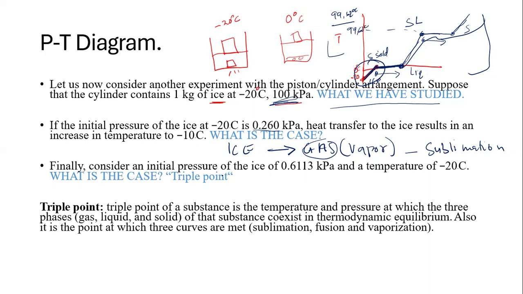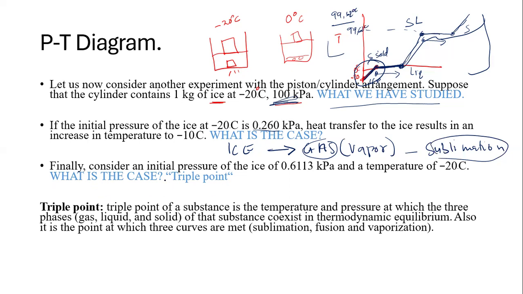We're going to have what we call the superheated vapor. So sublimation happens at very low pressures. And when we increase the temperature, ice will directly move from solid to vapor, right? So that is the case over here, which is called sublimation, meaning sublimation occurs under very low pressures.